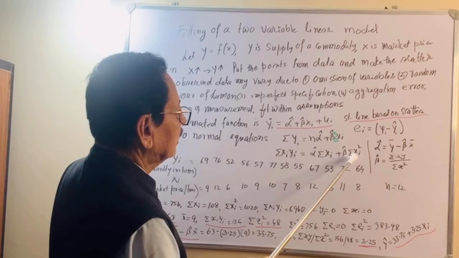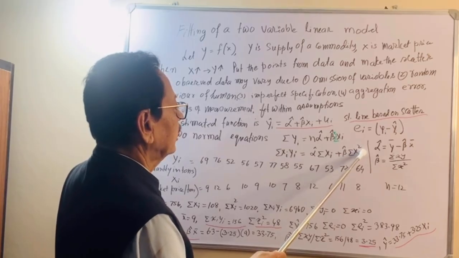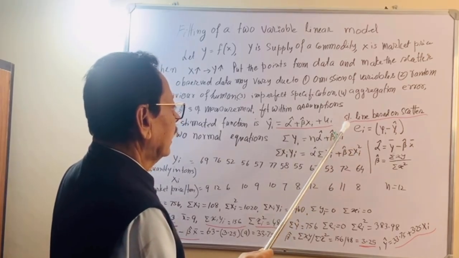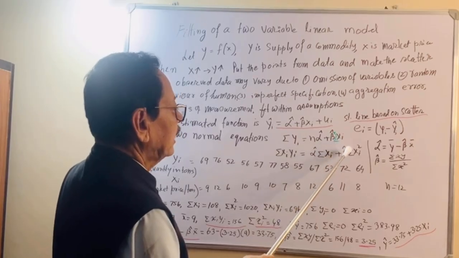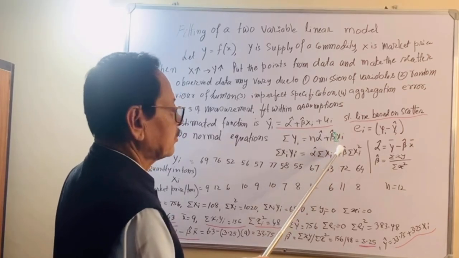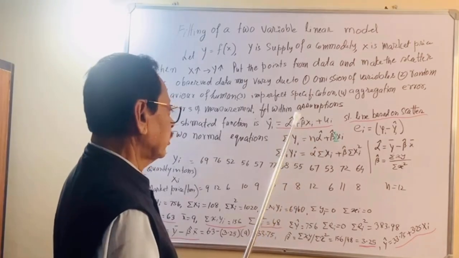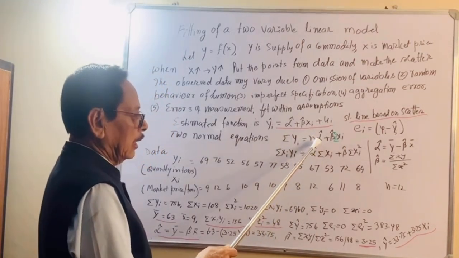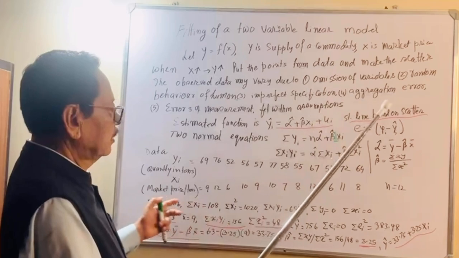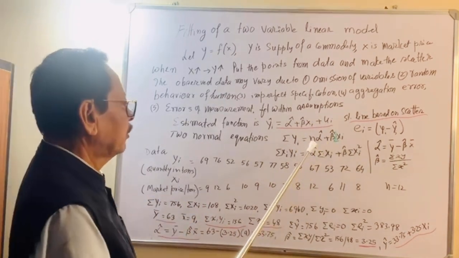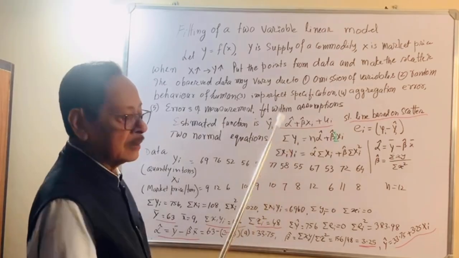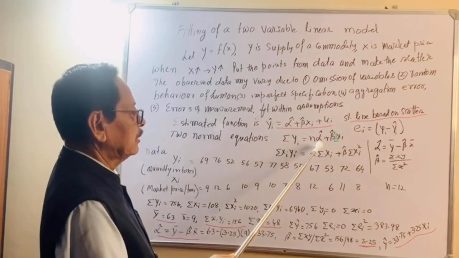This equation must be multiplied by summation xi squared, and this equation must be multiplied by summation xi. Then subtract. So after simplification, transferring right side to left side, we'll get the alpha estimated.